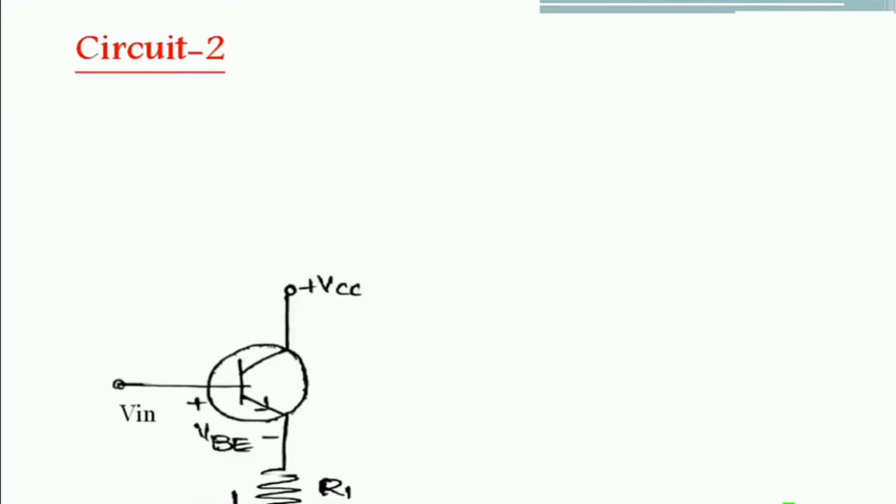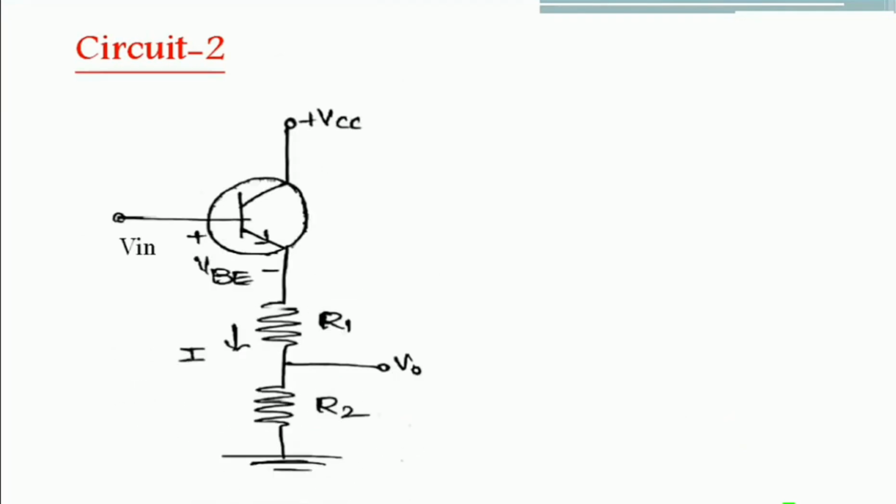Okay, the circuit 1 is modified and named as circuit 2. If you observe the difference between circuit 1 and circuit 2, at the emitter terminal, the resistor R is divided into two equal or unequal halves that are named R1 and R2.